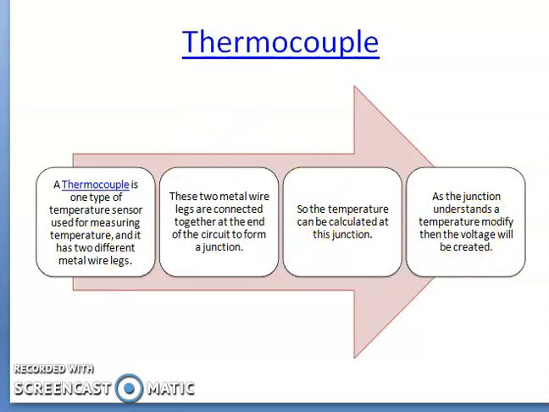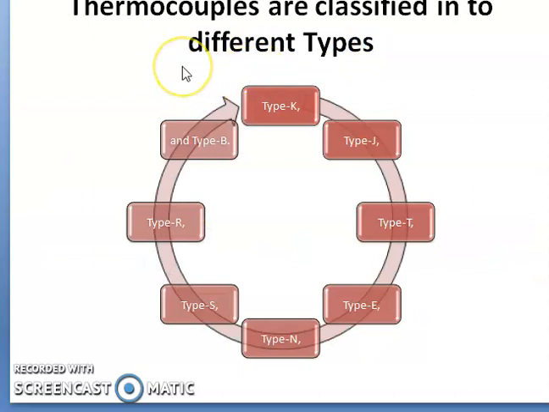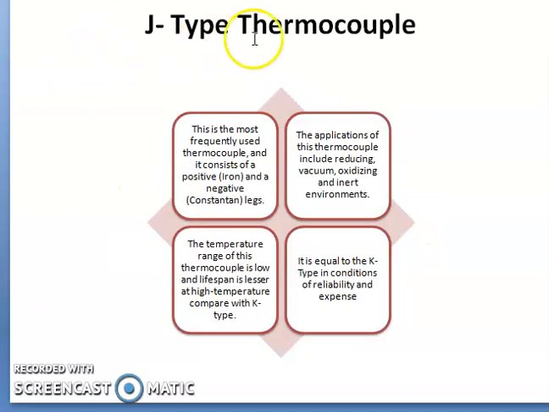And the main classifications of thermocouples are type K, type J, type T, type E, type N, type S, type R, type B, etc. Now coming to the J-type thermocouple transducer, this is the most frequently used thermocouple and it consists of positive and negative legs.